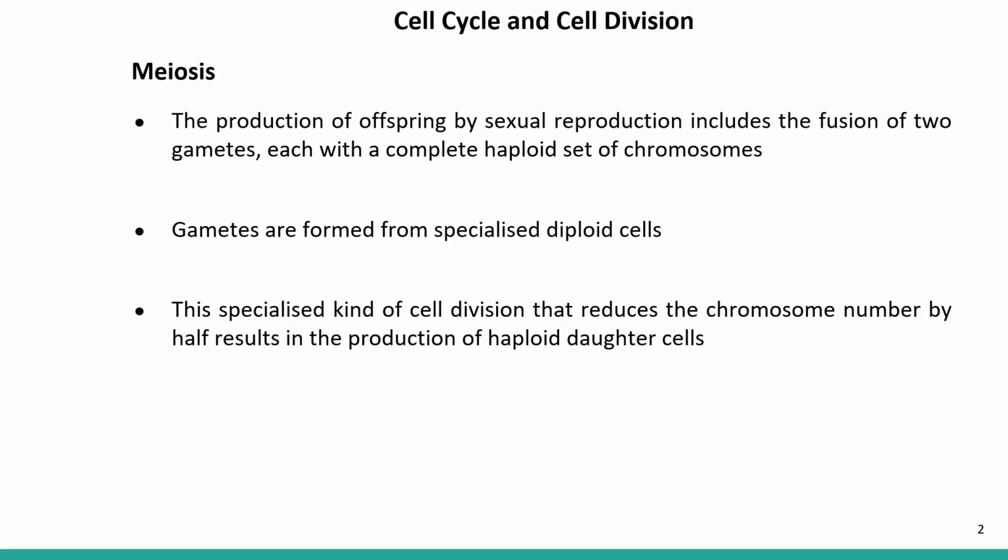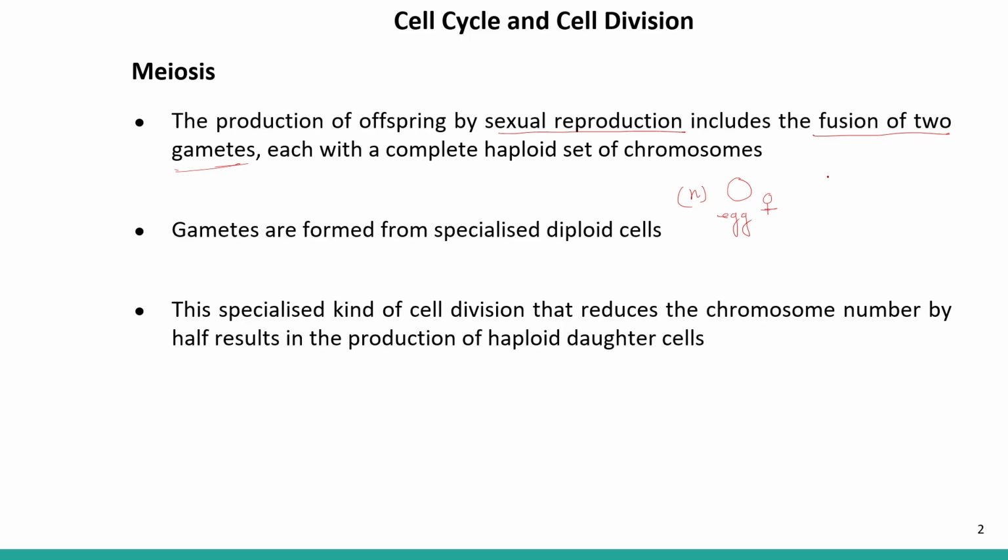The production of offspring by sexual reproduction includes the fusion of two gametes. There is a fusion of gametes, one male gamete and another the female gamete. Suppose this is gamete n coming from the female individual, that means it is an egg.